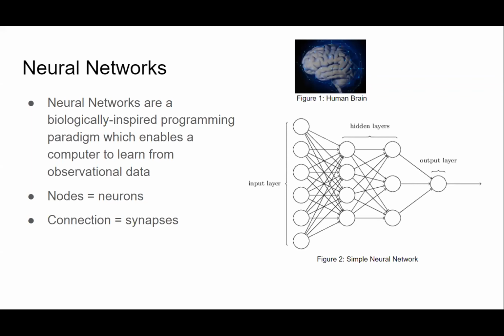In a neural network, there are nodes which represent the neurons in our brain, and the connections in between the nodes, these wires over here, represent the synapses. And then it's like a chain reaction from the input all the way to the output.